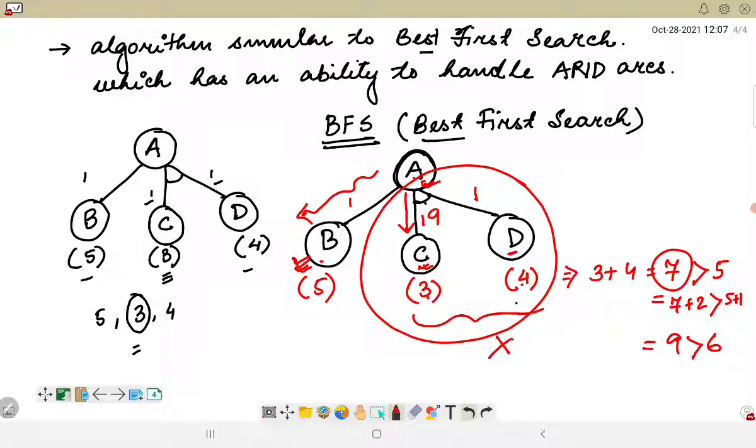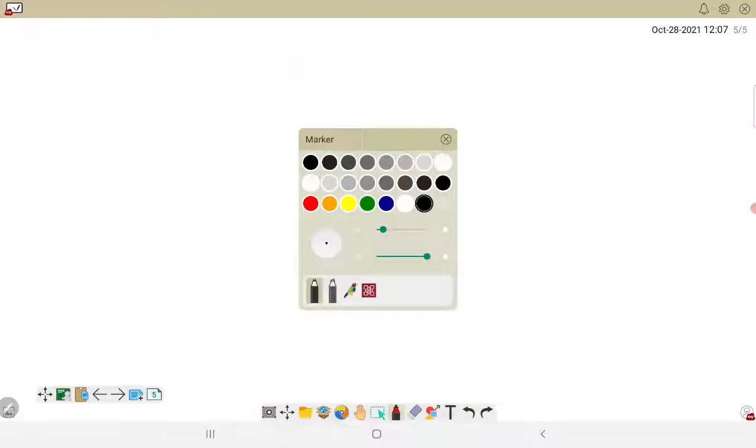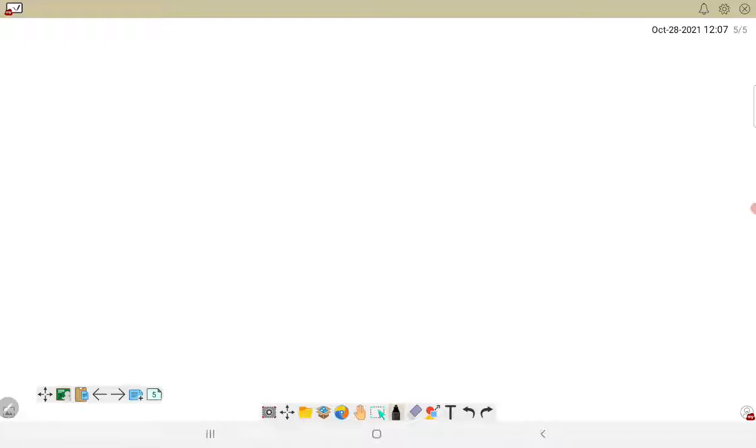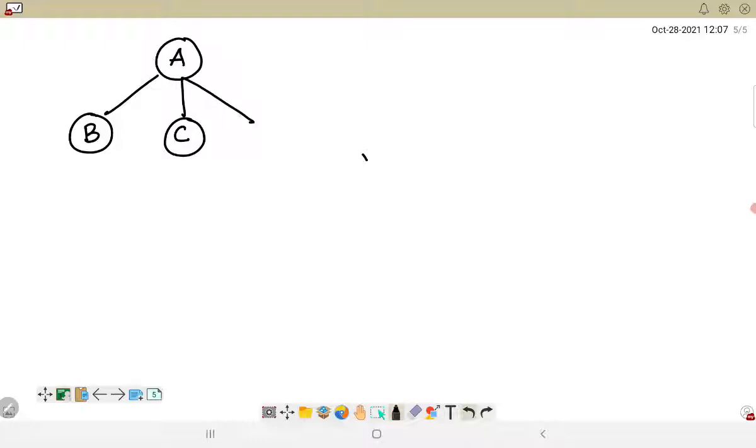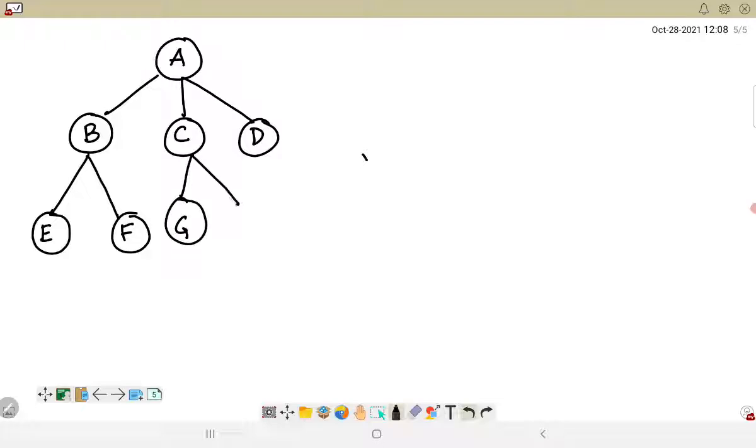Now considering another example for the same situation, let us consider the same example. So I have A, then let's say I have B, then C. C is a part of the AND arc with D. B has two other successor nodes, E and F. Then we have G and H, and then I and J respectively.